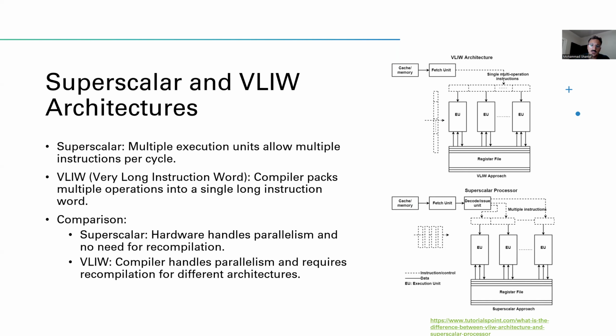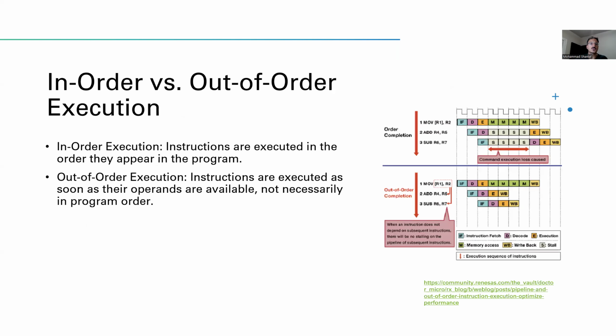Okay, next, we'll be talking about in order and out of order execution. In order execution is pretty much when instructions are executed in the order that they appear in the program. Whereas in out of order execution, instructions are executed as soon as their operands are available, not necessarily in program order. However, here's the thing.